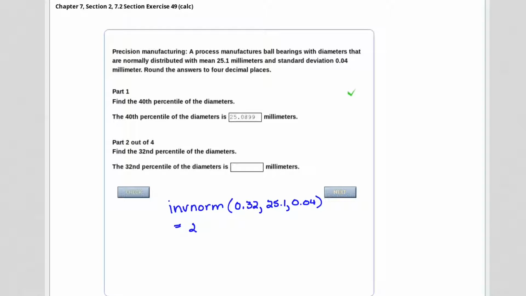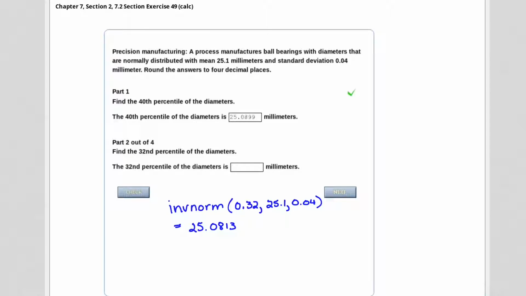And this gives me 25.0813. So that's how you do that one. It's really just the same problem, only 32% instead of 40%.